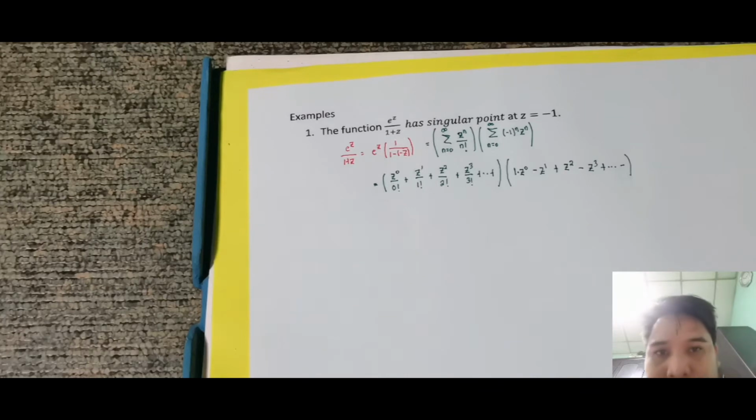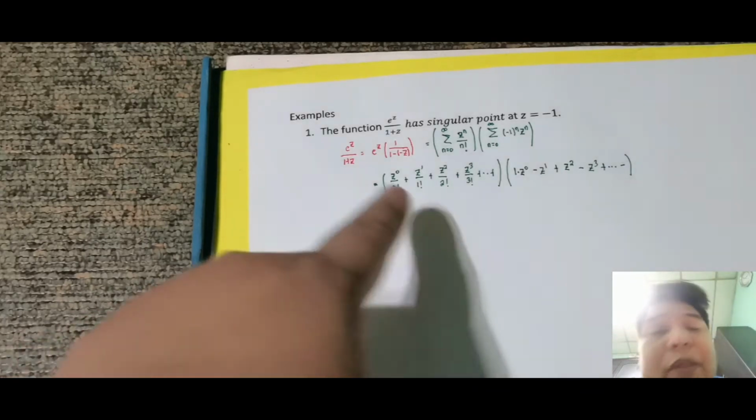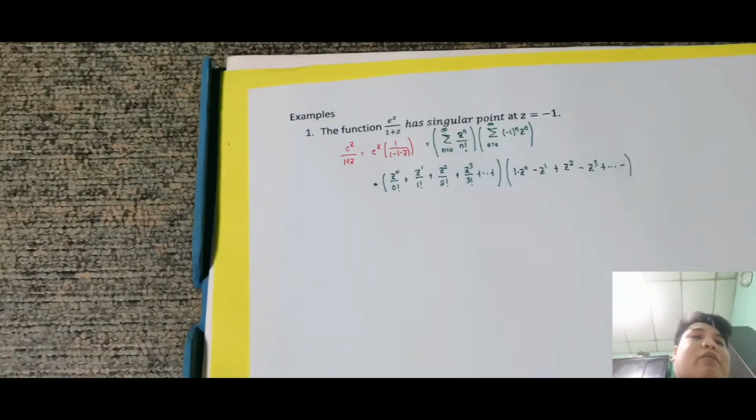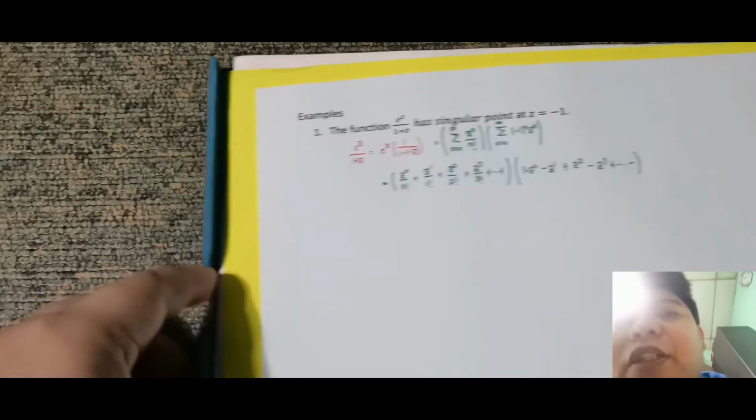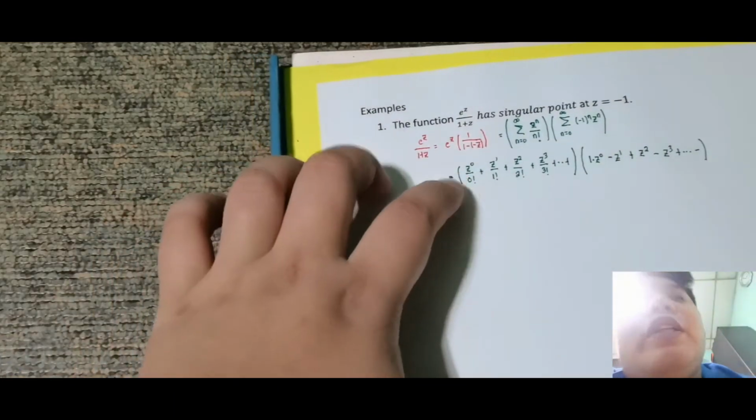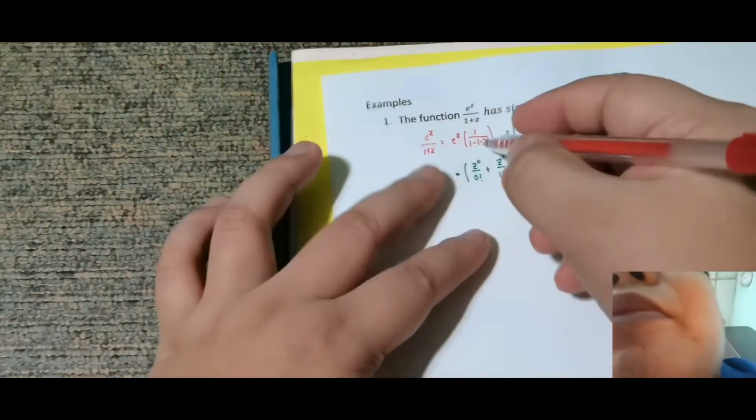Okay, next, simplify ko na siya, tapos i-multiply natin siya. Diskarte mo kung paano mo i-multiply, pero mas okay kung i-multiply natin siya vertically, para mas makita natin term by term. Lagay ko dito, z raised to 0 over 0 factorial, yung simplified form, that is 1.